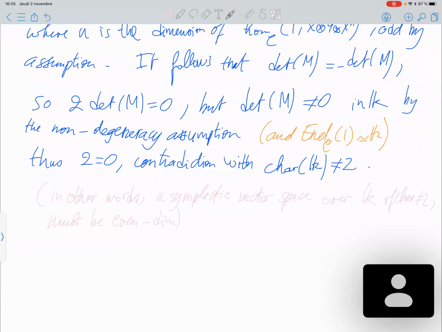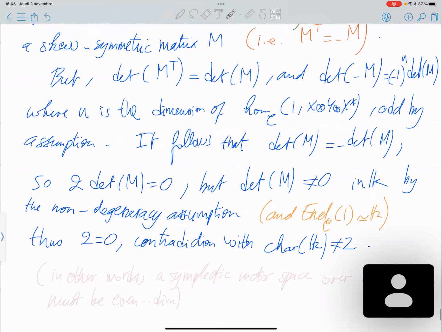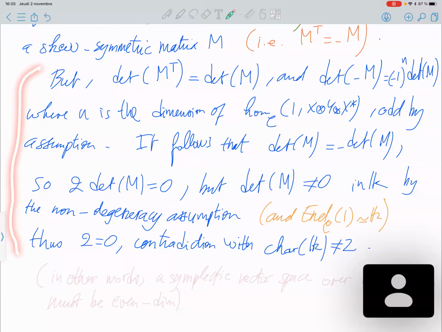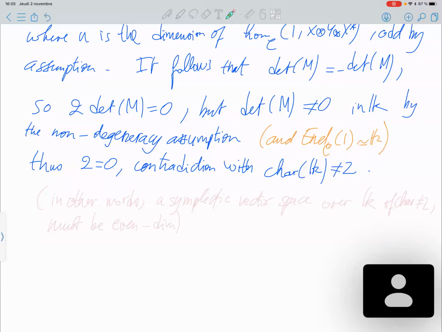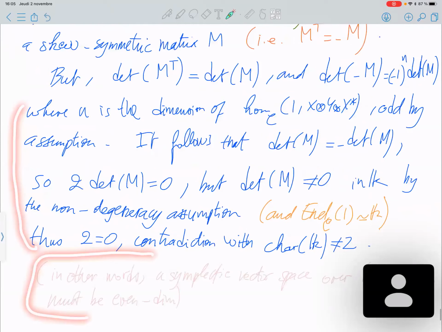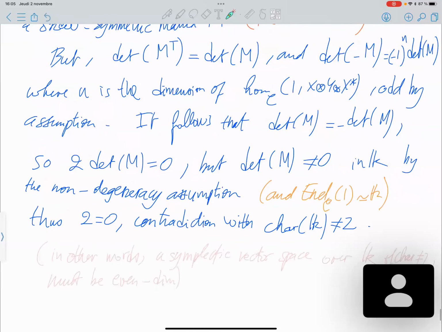So this is well known, in fact, in algebra. I just reproved in a few lines this well-known statement: a symplectic vector space over a field of characteristic non-2 must be even dimensional. So by reproving that, I don't need to define what a symplectic vector space is. So this is just what we said.